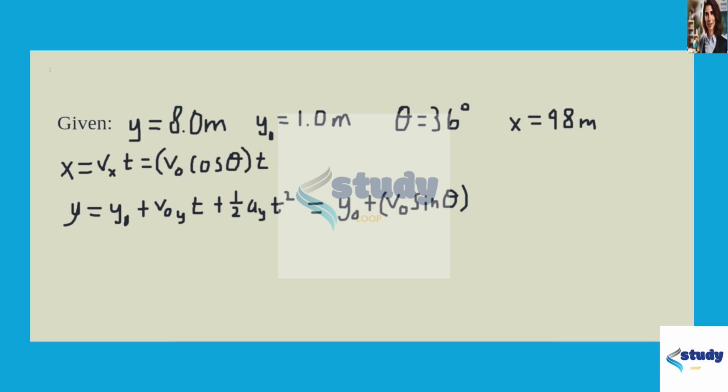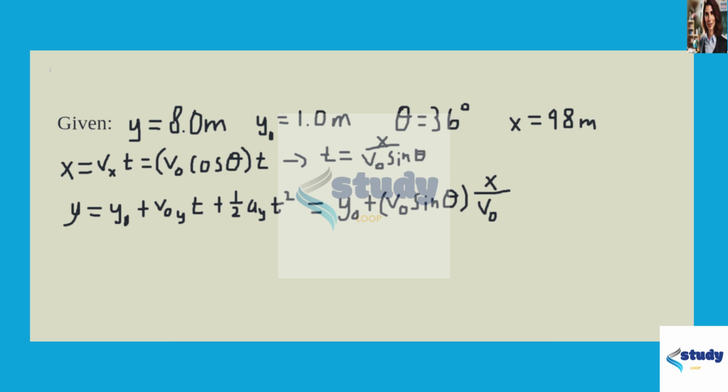If we look at the equation above, time is equal to x divided by v naught cosine theta. What if we plug that in here for time? We'll end up with x divided by v naught cosine theta.